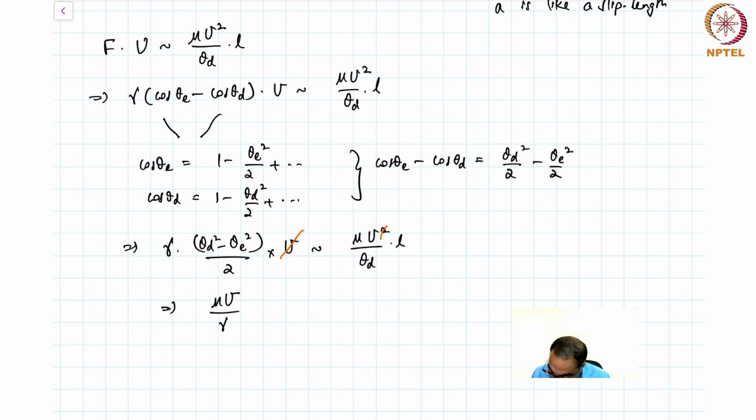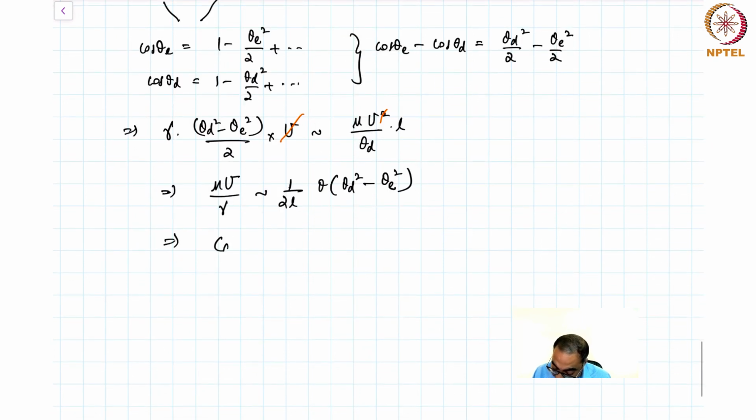This goes like 1 by 2L times theta d square minus theta e square. And this is nothing but a relationship between the capillary number and 1 by 2L theta d times theta d square minus theta e square. This is what the model gives.